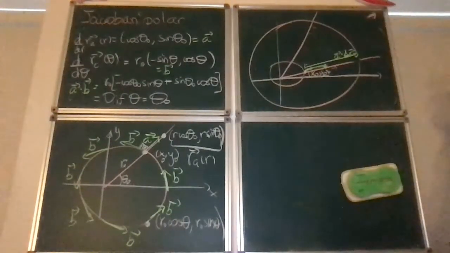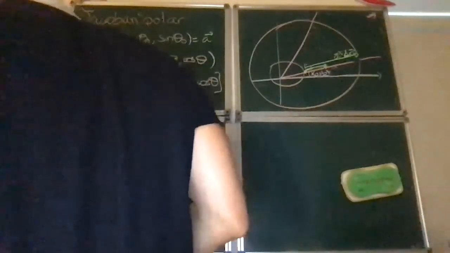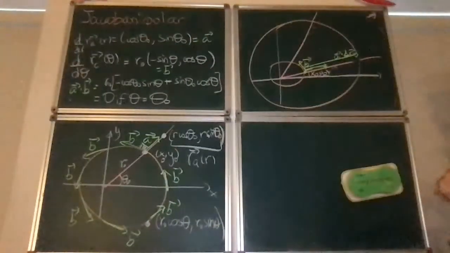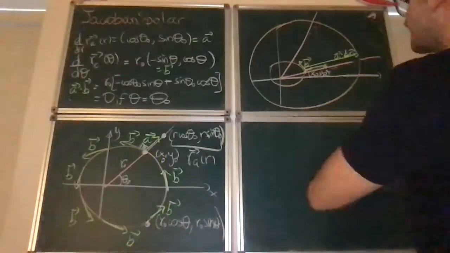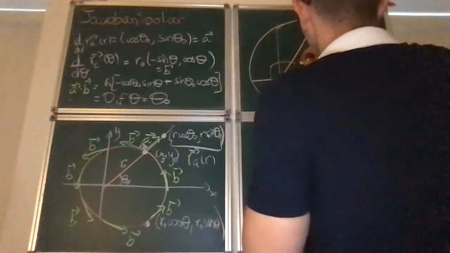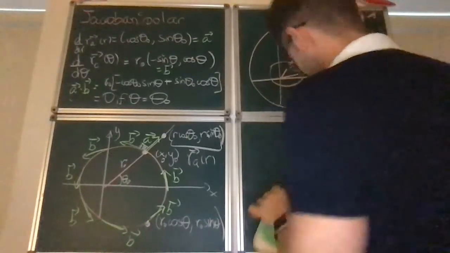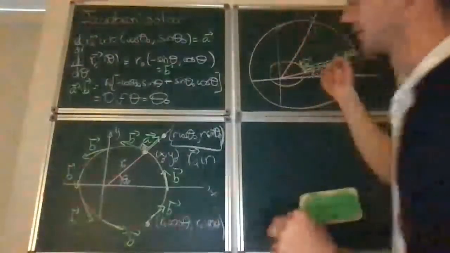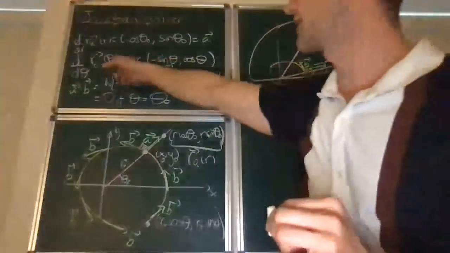Okay, on the other hand, you had this other vector b. Remember that they were perpendicular at this point, a and b. So in this case, the thing that's playing the role of time is theta.